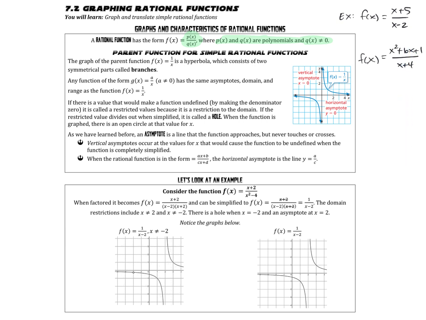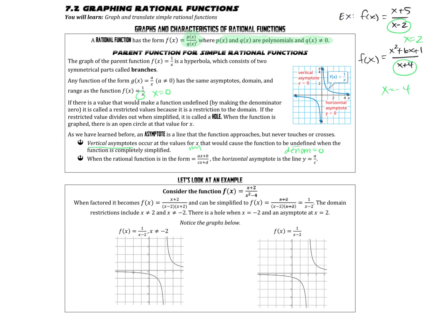So at each of those values, x equals negative 4, x equals 2, and x equals 0, we would have vertical asymptotes. So vertical asymptotes occur for values of x that would make the denominator equal 0, which would make the function undefined.